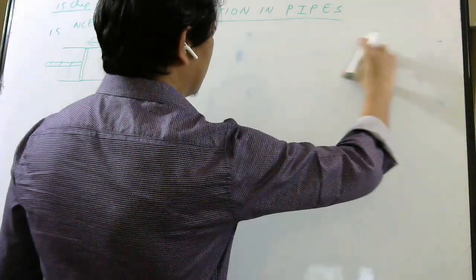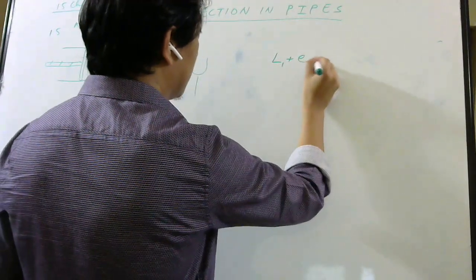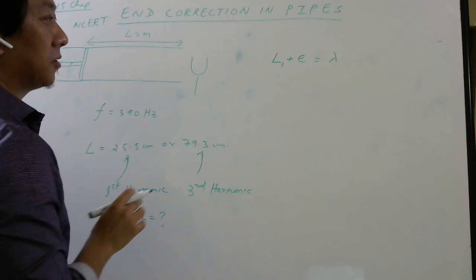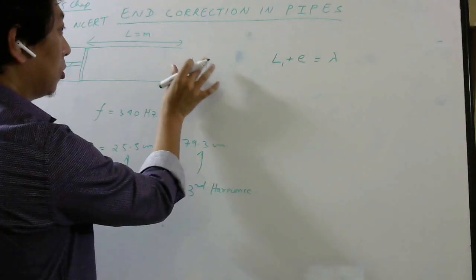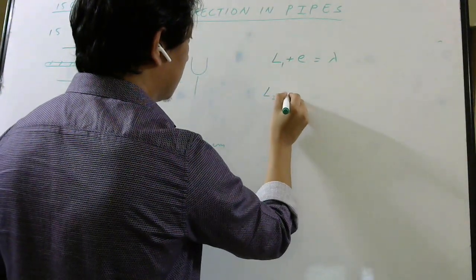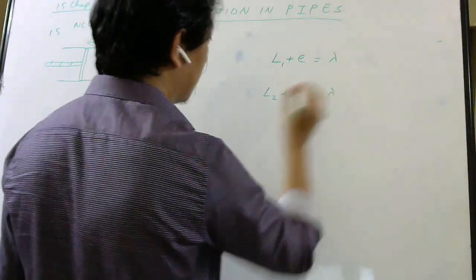Like this, right? So it was L1 plus E equals lambda, first wavelength. Here lambda will be the same because we are keeping the frequency of the tuning fork fixed. And the second will be L2 plus E equals lambda, right?